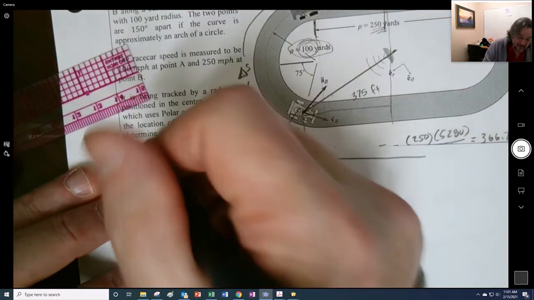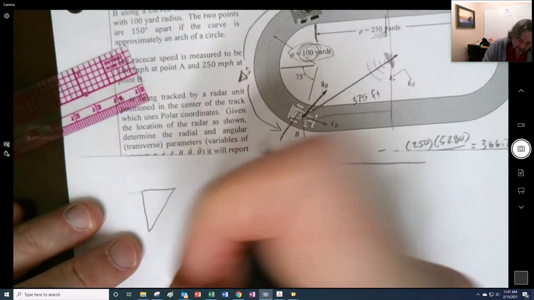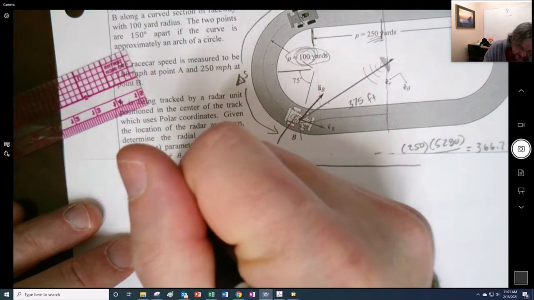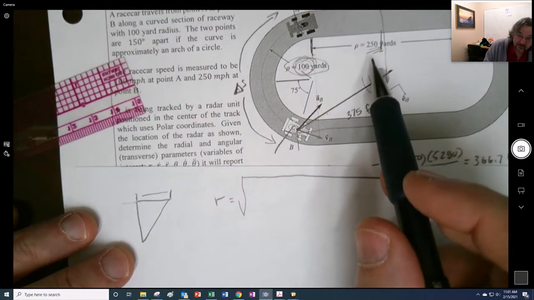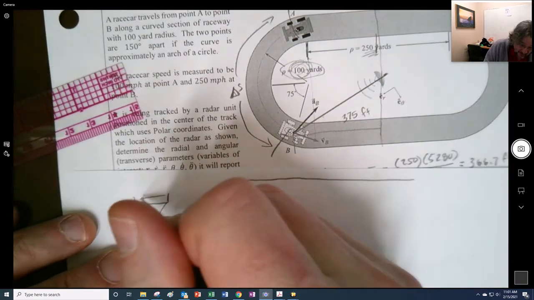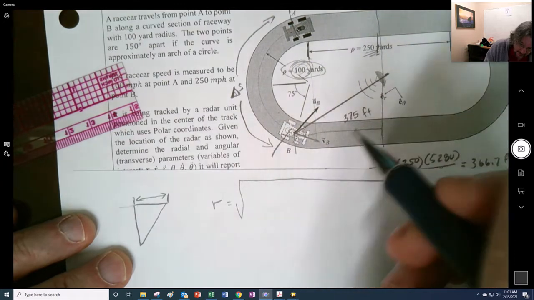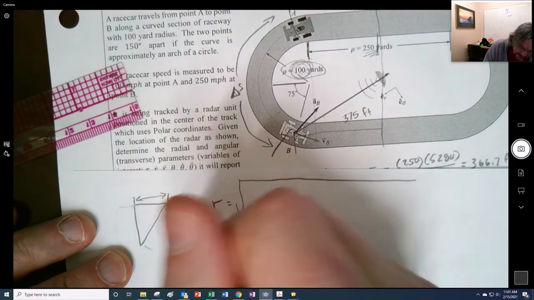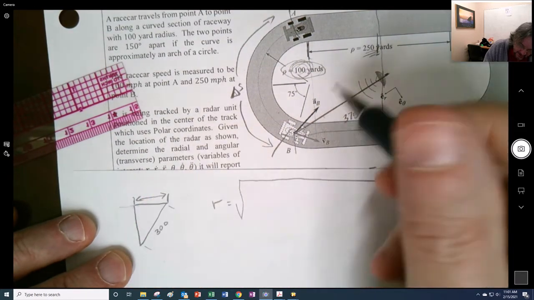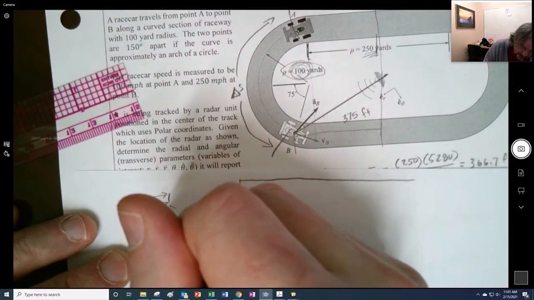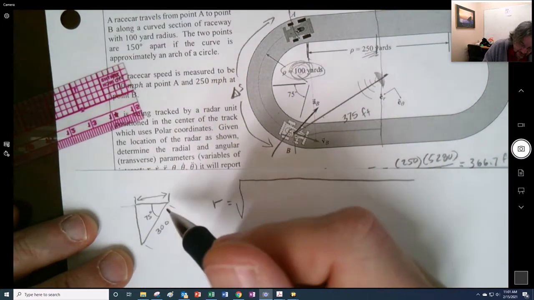So we have to add this distance to our 375, right? That's the horizontal. And this distance right here is 300.